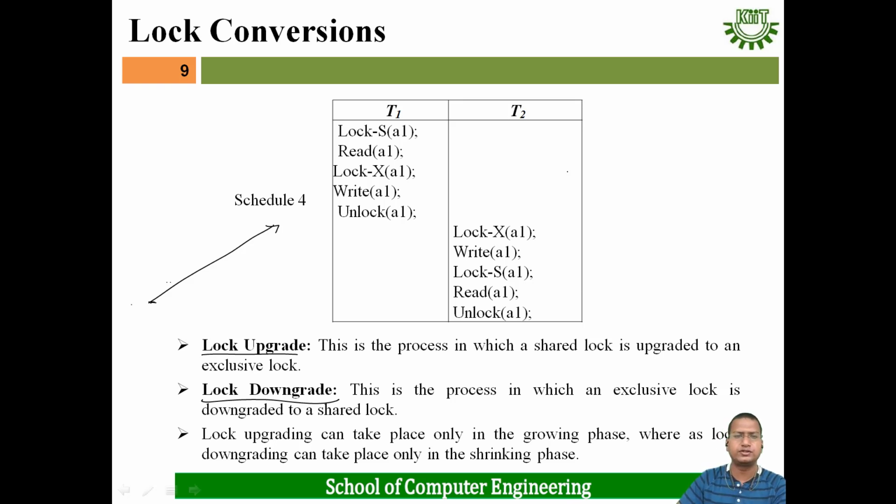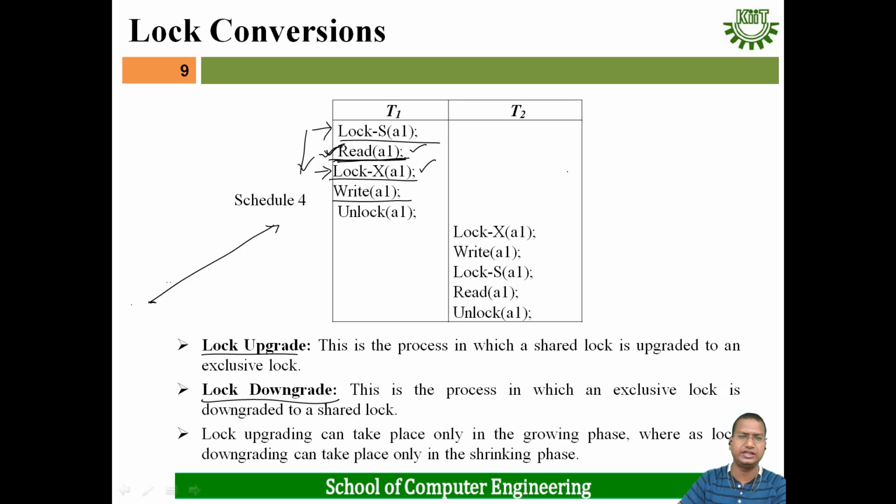Suppose two instructions are there, one is read A1, another one is write A1. Initially, when the transaction wants to execute read A1, it will apply a read lock on that data item, that is lock S on A1. After reading, it has to write, and to write it has to apply an exclusive lock on that data item. This is known as lock upgradation.